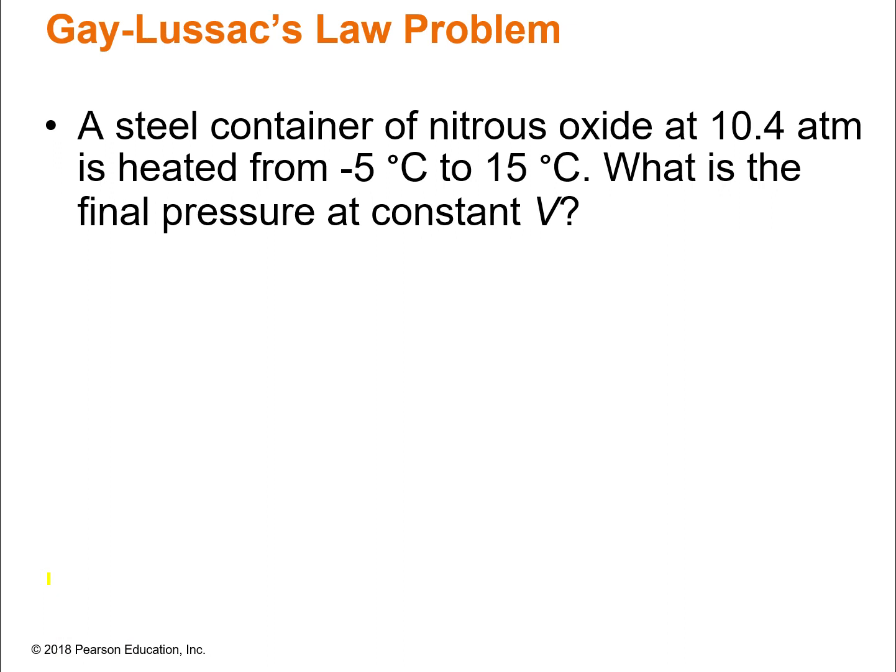We've got a steel container of nitrous oxide at 10.4 atmospheres that is heated from -5 to 15 degrees Celsius. What is the final pressure at constant volume? Always start with writing out what you have and assigning variables. That will make the gas law that you need to use very clear.